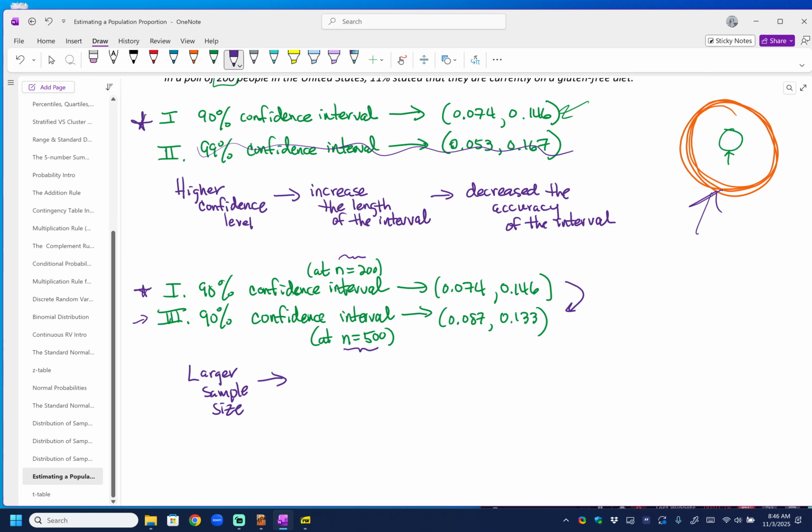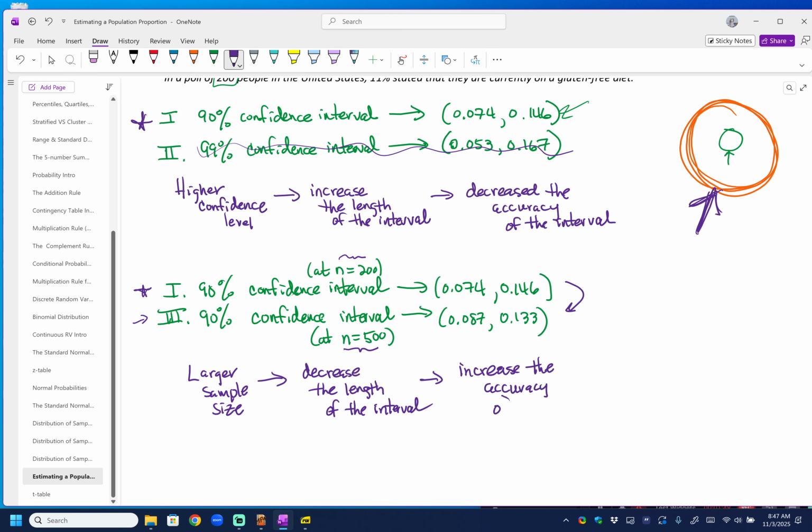So what have we done? We've actually decreased the length of the interval. And based on what you've already learned, when we decrease the length of the interval, remember over here, we basically get a more accurate interval. So we have increased the accuracy of the interval.